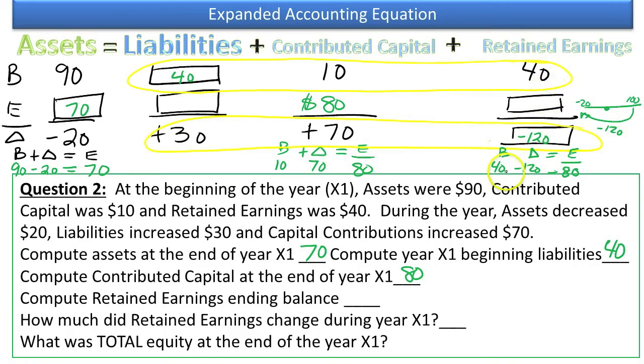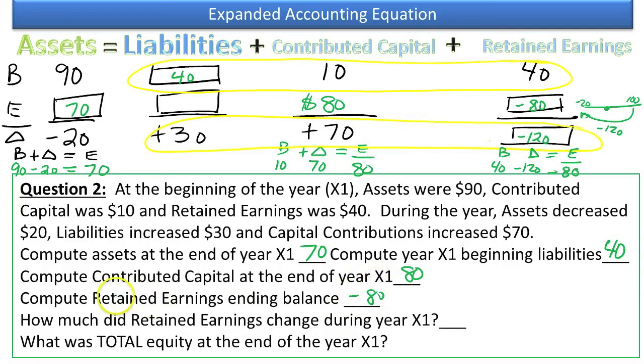You start with 40 and you take away 120, you will get negative 80. That means they don't have positive retained earnings, they have negative retained earnings. What that means is not only did they not have income that they retained, but rather they had losses that they retained. They had net losses, and that net losses is reducing owner's equity. So that is ending retained earnings is negative 80.